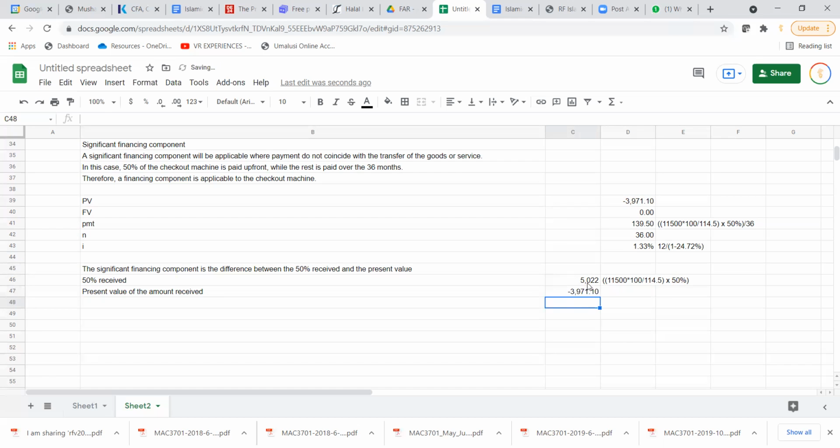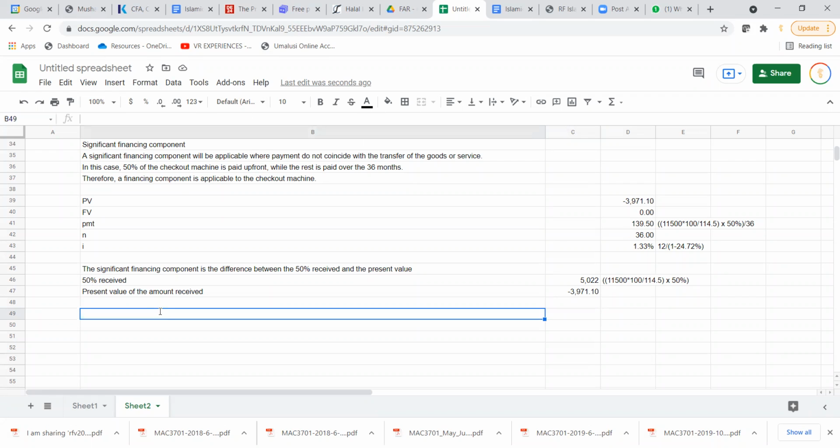Okay, so therefore, if we work this out, what you can see, the discounting component, the significant financing, is the difference between the two, which is 1,000 Rand. So therefore, the actual transaction price.